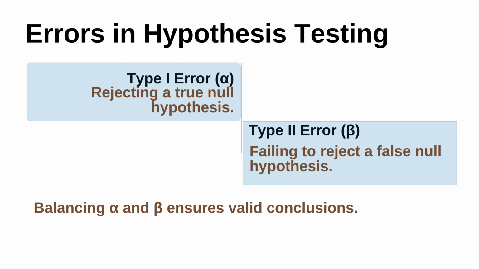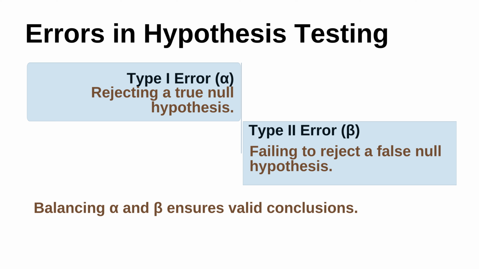There are two types of errors that we might encounter in hypothesis testing. There is a type 1 error or the alpha error, which is rejecting a true null hypothesis. In short, it is a false positive.